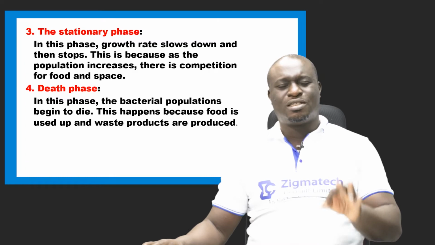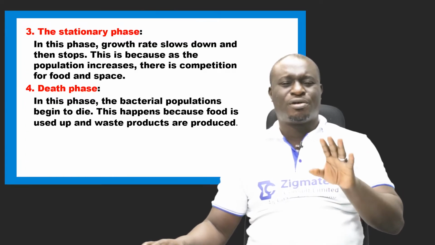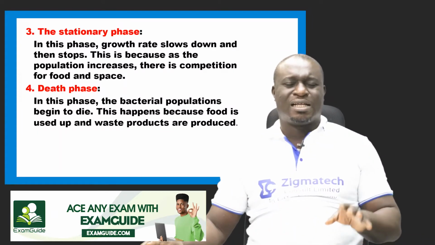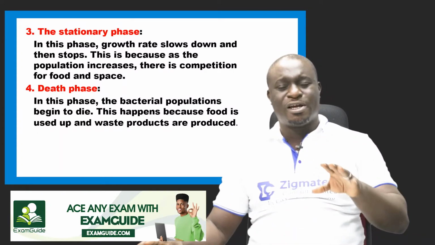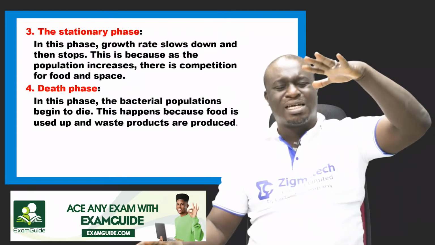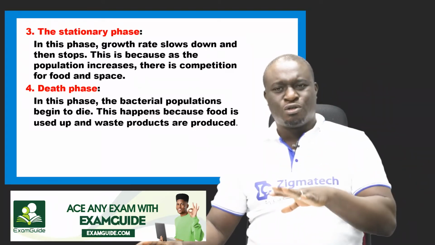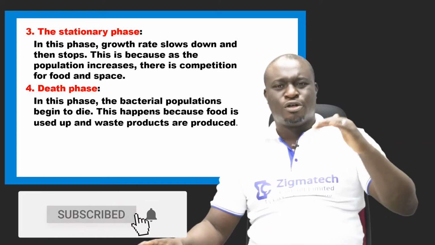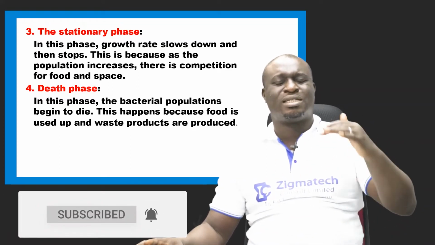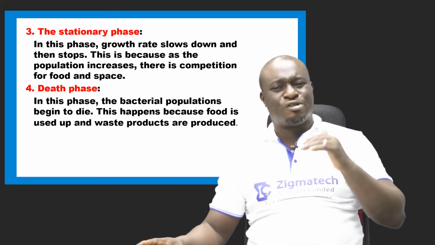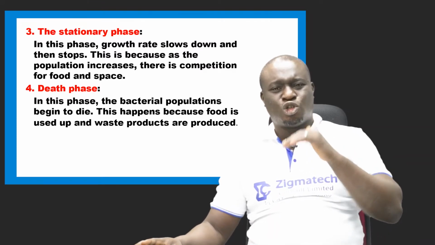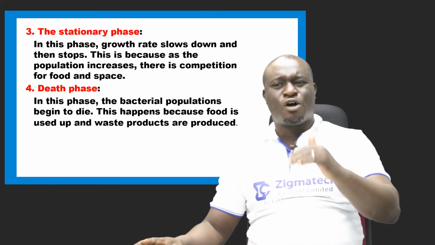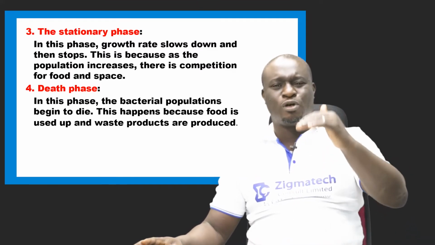Number 3, which is the third stage, is the stationary stage or phase. This is a phase where the growth rate begins to slow down, and in some cases it stops. The reason for this slowing down is the increase in population.